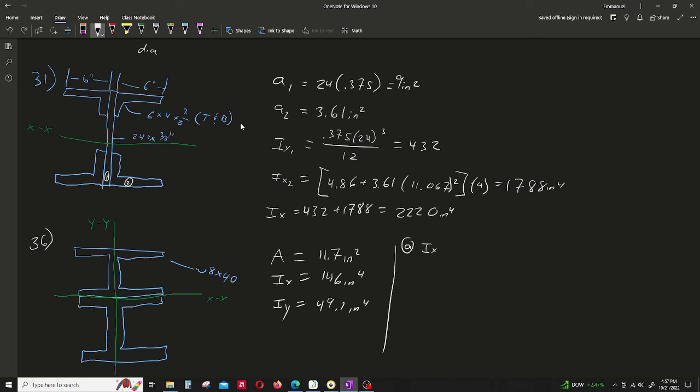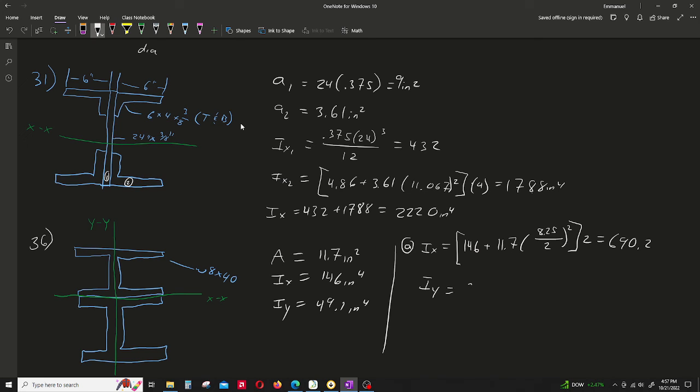Ix is going to be equal to, and there's 2 of them. So since we know there's 2 of them, we want to make sure we multiply this by 2. Plus Ad squared. Multiply by 2. Gives us 690.2.